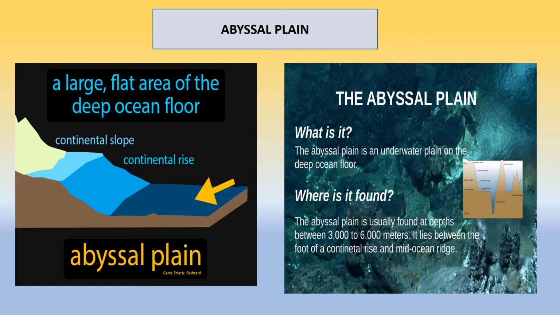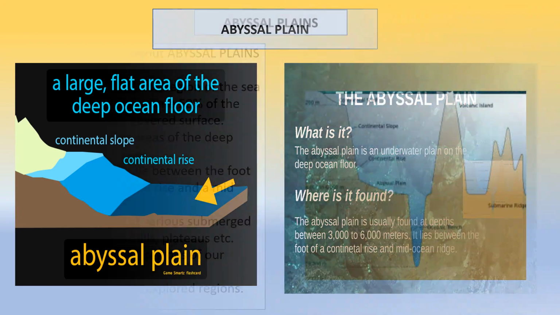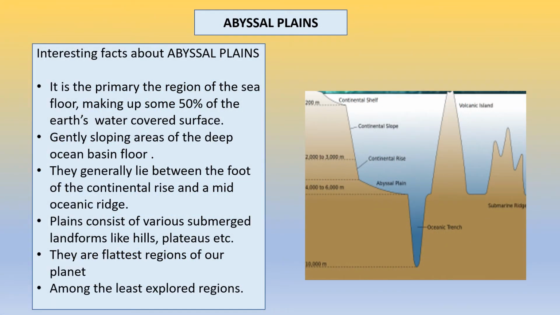Compare the continental slope, the continental rise, and then the abyssal plain. The abyssal plains are a primary region of the sea floor, making up about 50% of the Earth's water-covered surface.